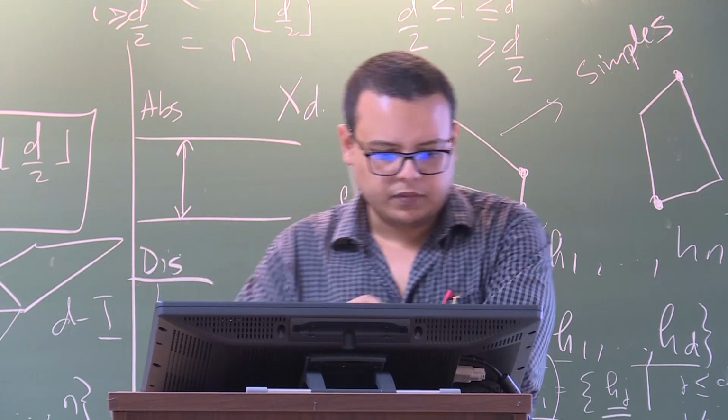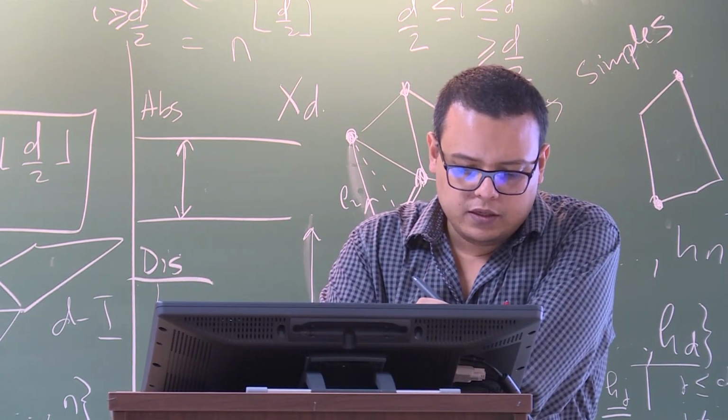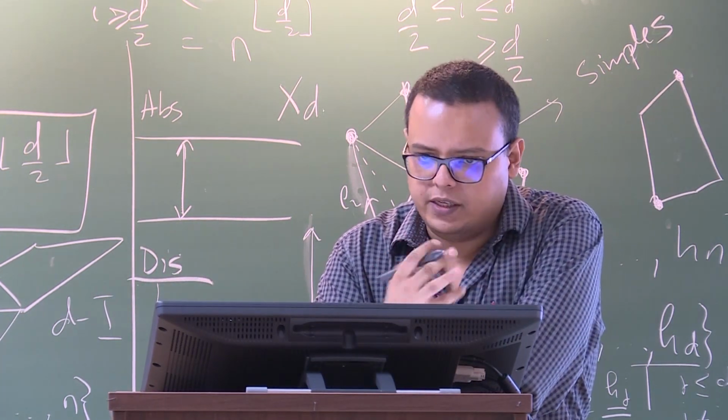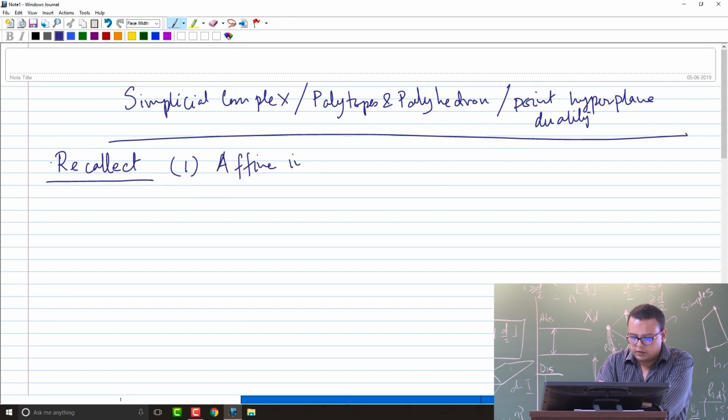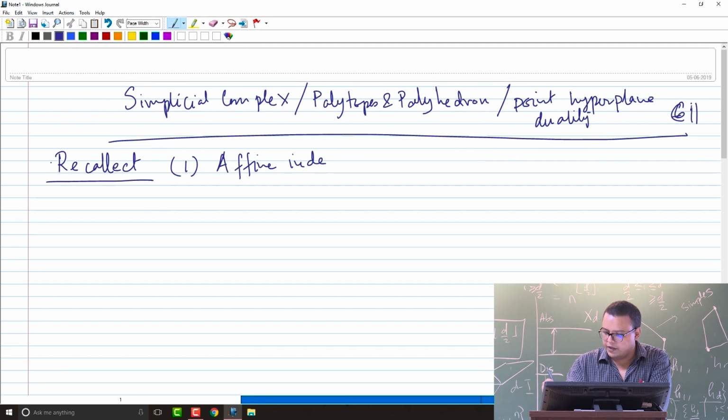Okay, so what are the definitions we have already seen? Let's recollect that. First is affine independence. Remember, all of the things will be in R^d.